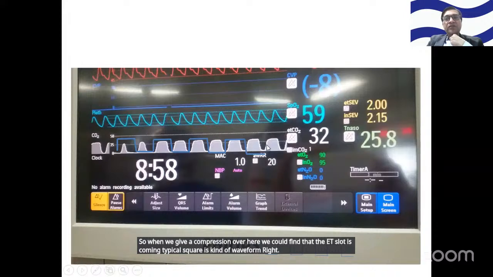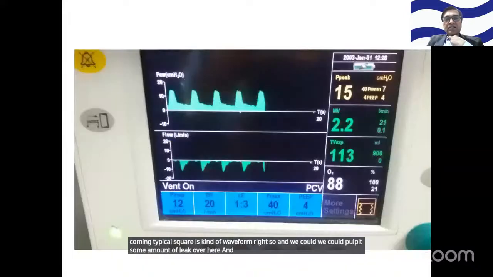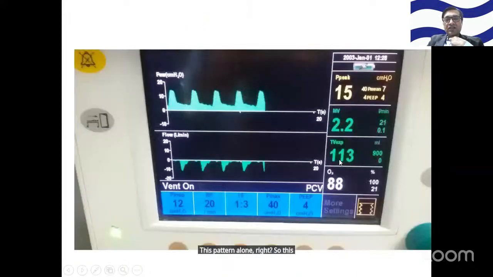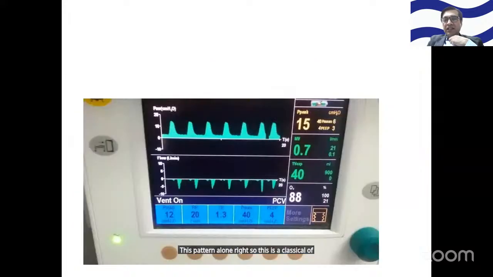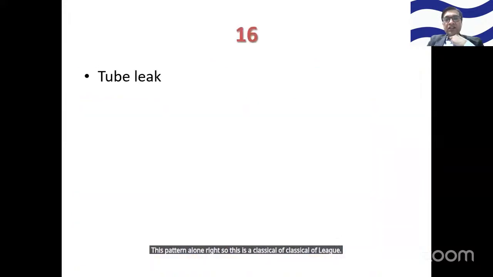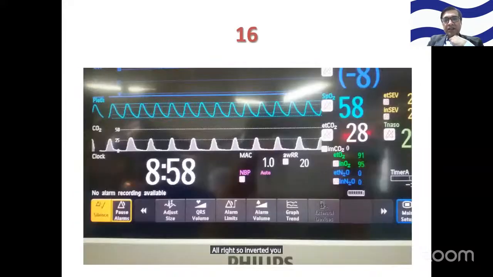And we could palpate some amount of leak over here, and when we compressed this, the expired tidal volume went up to 113, right? So this is a classical leak, right? So an inverted U kind of waveform in a pediatric patient with an uncuffed tube is classical of tube leak, right?